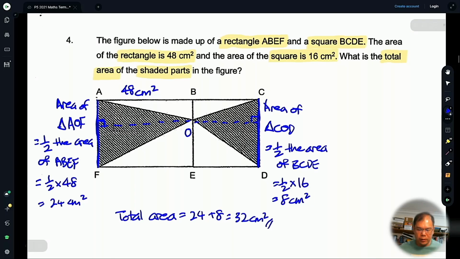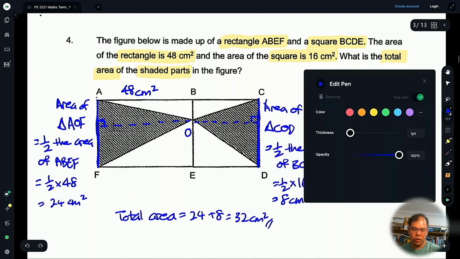Now, the more observant of those among you, can we change the color of the pen to pink, I guess.